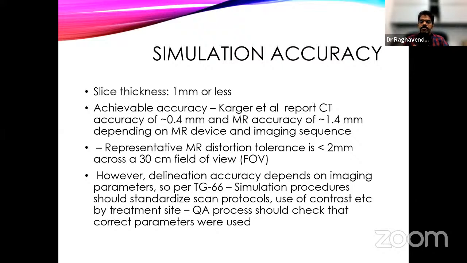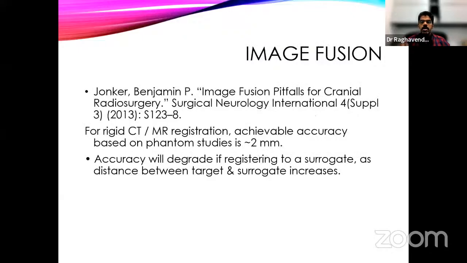For example, in trigeminal neuralgia, if you are taking plain axial images, you may not see the nerve at all. So you should know that information, and you should be able to give it to the MR tech, so that the MR images are used properly in your center. Then the contrast: what type of contrast, and what is the effect of that contrast on the accuracy of CT calculations, etc.